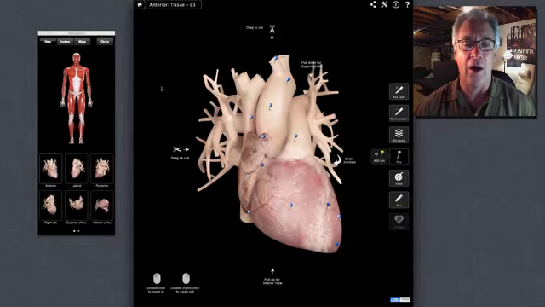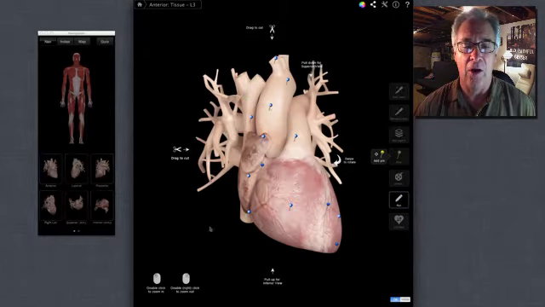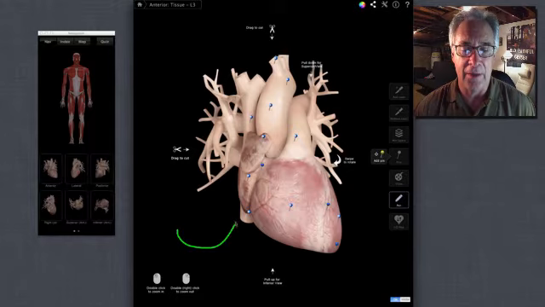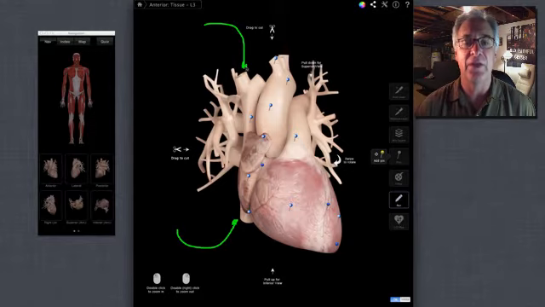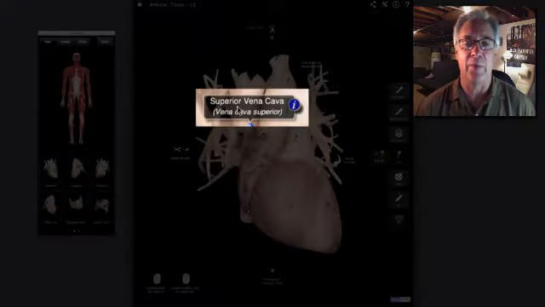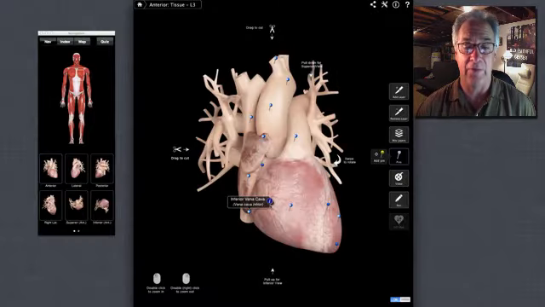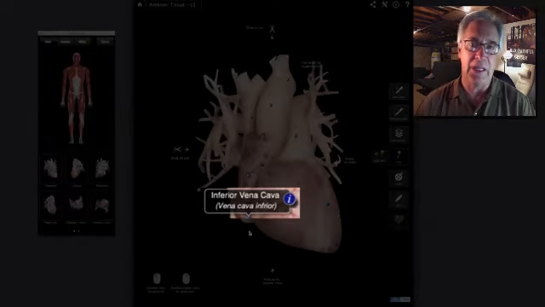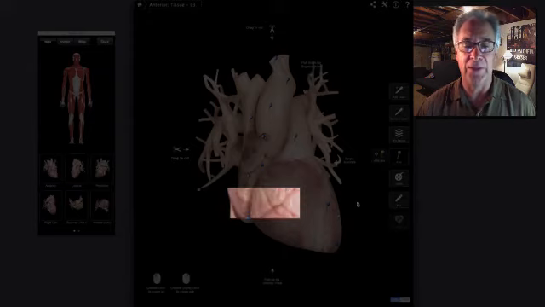So all of the deoxygenated blood will be coming in here from the body, over here from the head, and that's called the vena cava. The superior vena cava is here, and over here would be the inferior vena cava. So those are major features. The vena cava is located on the right side.